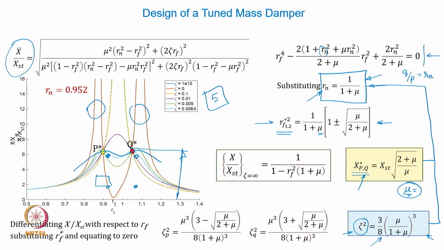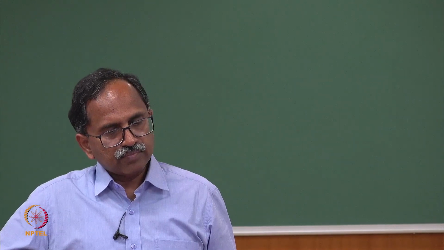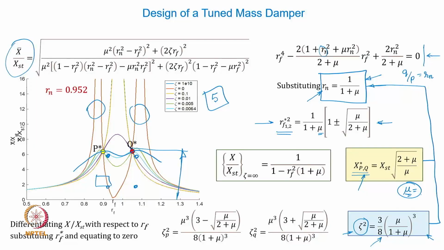Once all of these are finalized, then you have a design at hand. So the expressions are a little lengthier than what we discussed till now, but if you follow through this discussion, it's quite interesting to see how these tuned mass dampers are actually designed.